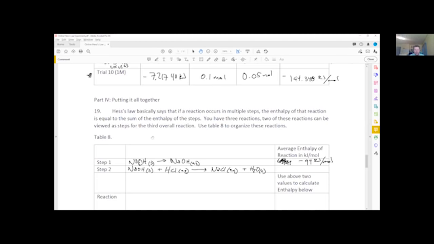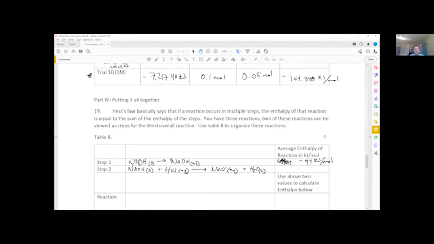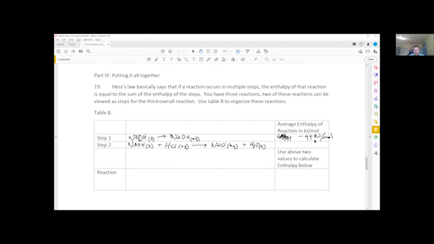I've got 3 different numbers there, but I know which one I want to use: negative 99.99 kilojoules per mole, because I have a perfect molar ratio.